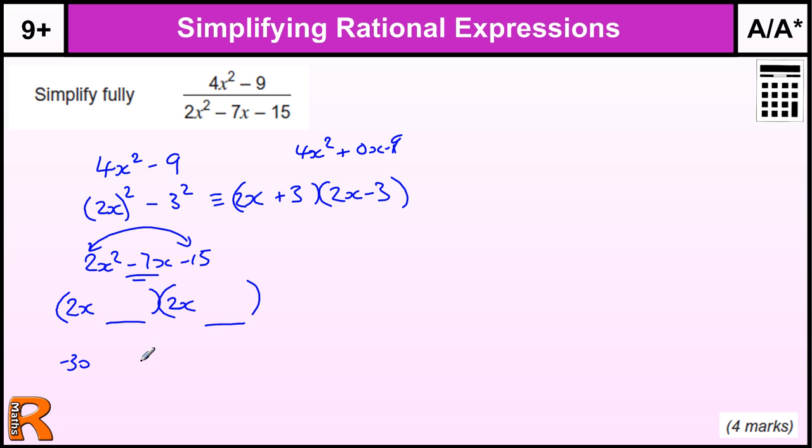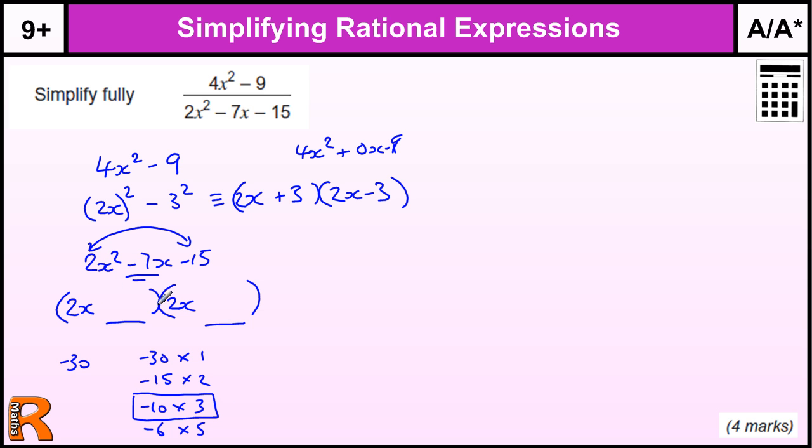So minus 30, we could have minus 30 times by 1, minus 15 times by 2, minus 10 times by 3, minus 6 times by 5, and they've got to add to make minus 7. Now this is the one that adds to make minus 7.